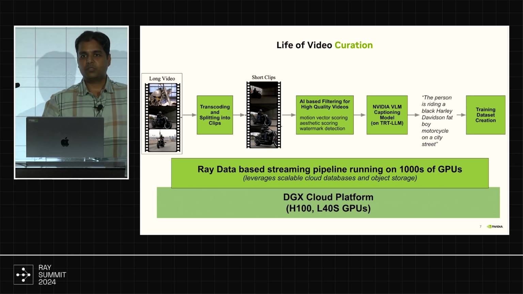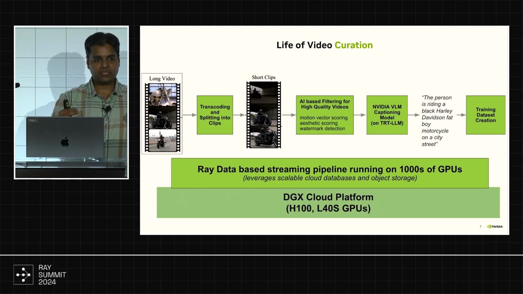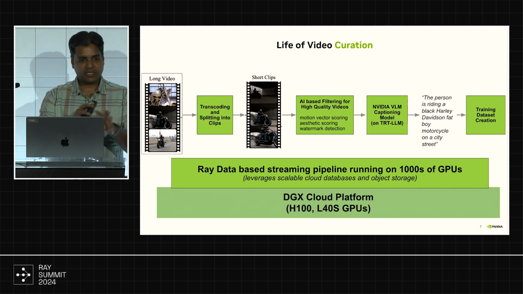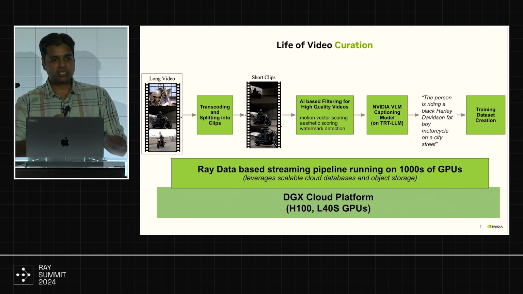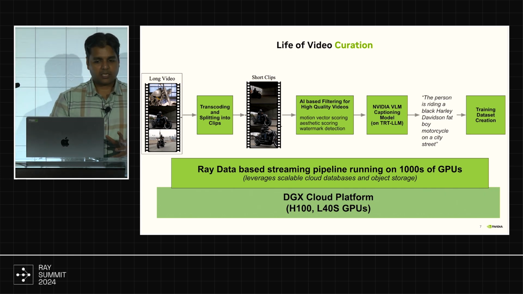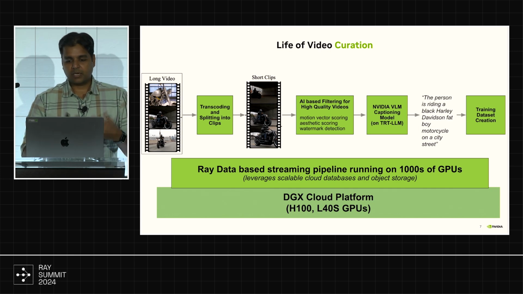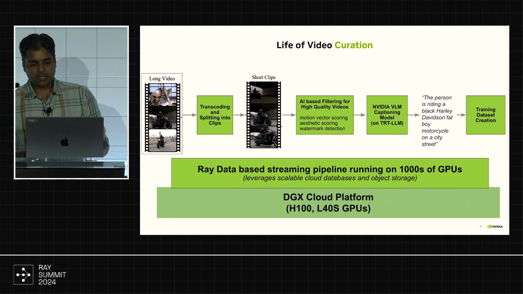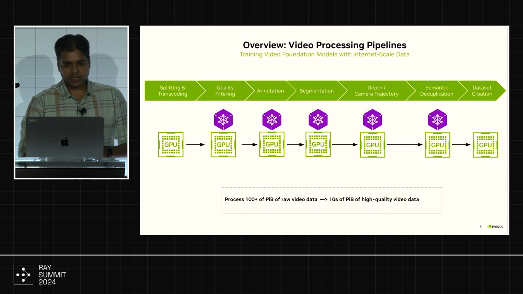We got a small set of clips and their captions, and we create a dataset that we can feed into a training model to train on, right? It's a very simplistic, functional view of the pipeline that we have built. All of these stages and models are accelerated on GPUs. We had to do it because of the computational nature of the models we are running, and I'll talk about how we ended up doing that.